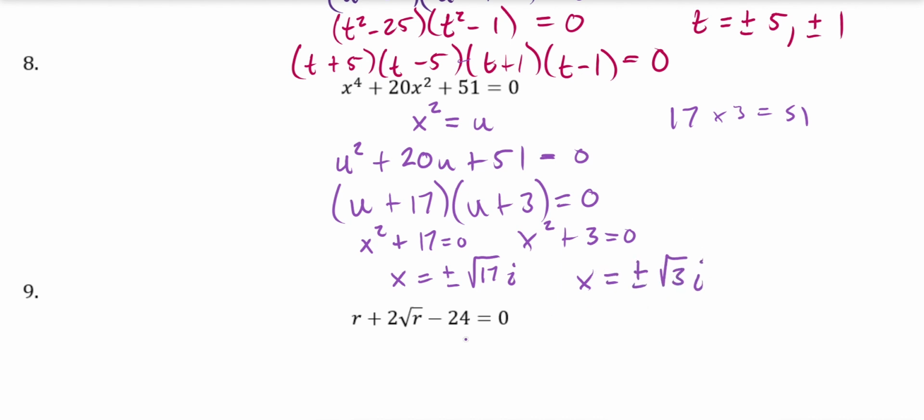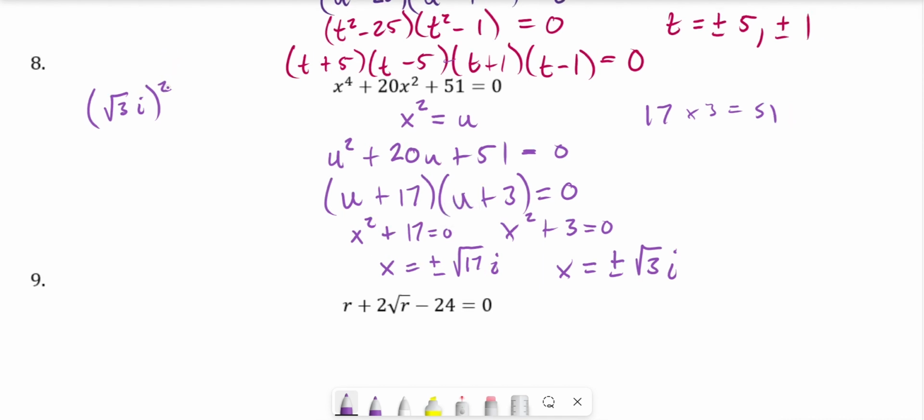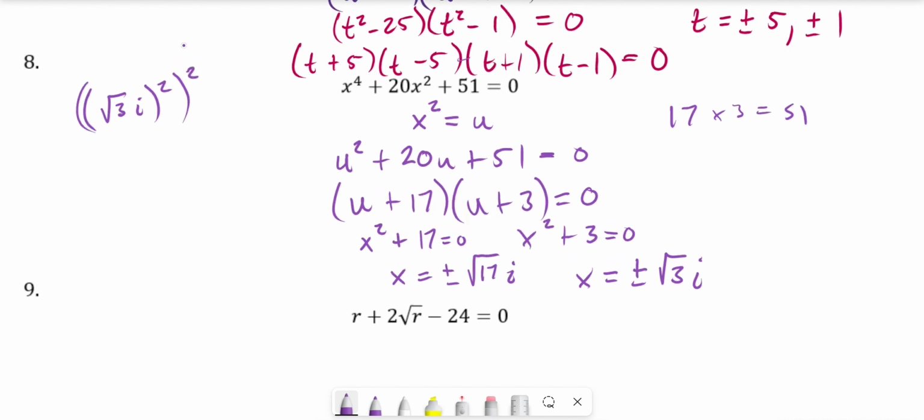Now, it's worth taking a look to make sure that these actually satisfy the original equation. And we'll see why this i is so important. If I plug that back into this equation, well, square root of 3i to the fourth power is really going to be the square of the square. And if I square this, first I get 3, but the i squared gives me a minus 1. So this becomes a minus, and squared again gives me 9.